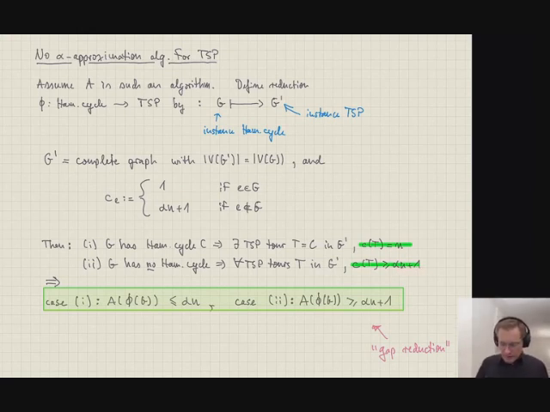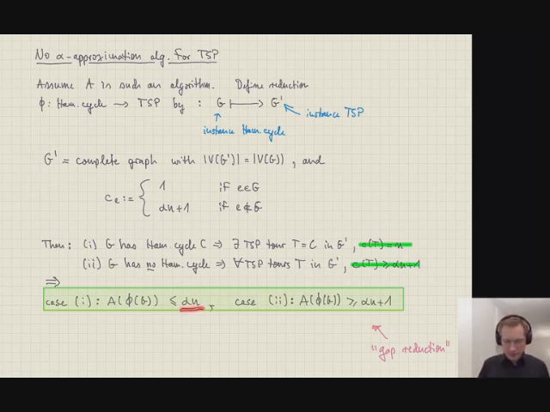And that is why this is called a gap reduction, because we have the following situation. For the yes instance of the Hamiltonian cycle problem, we have a cost of at most alpha times n. For a no instance of the Hamiltonian cycle problem, we have a cost at least 1 larger, so at least alpha n plus 1.